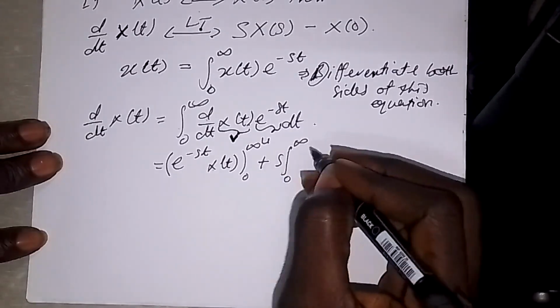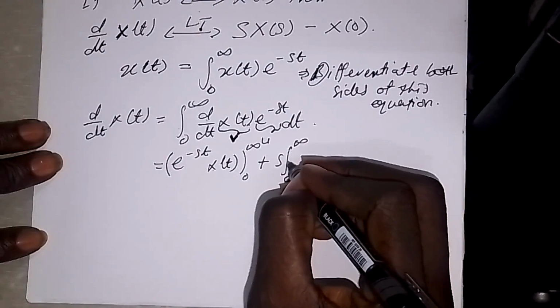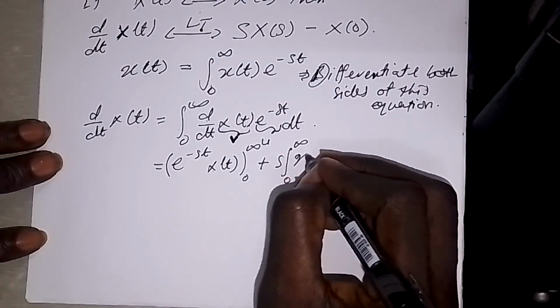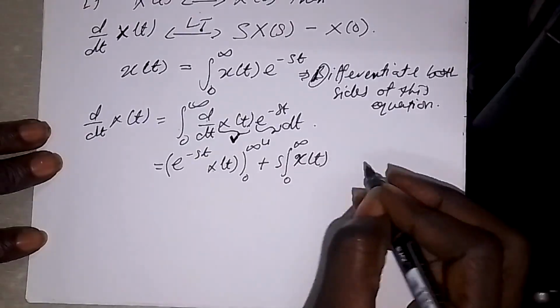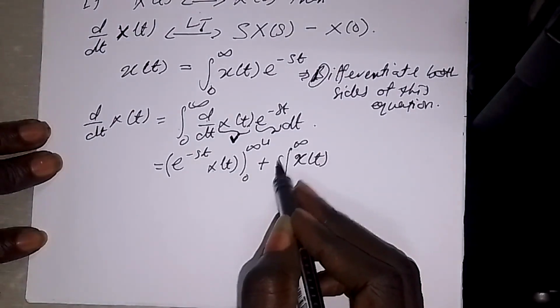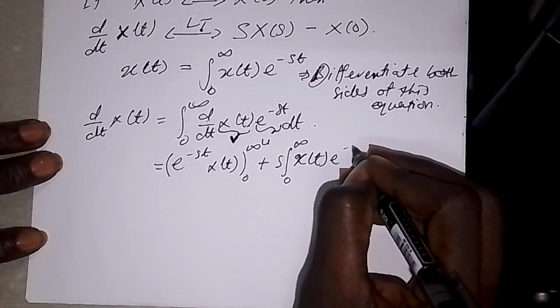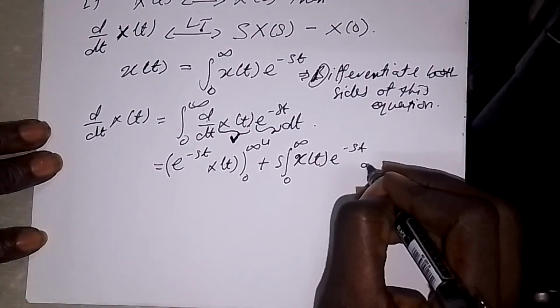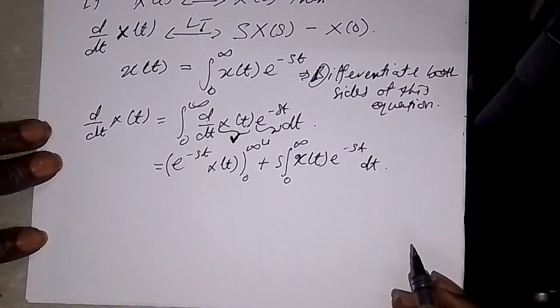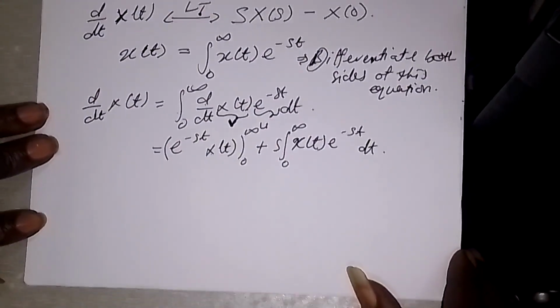After the first integration I get x of t, and this is the second integration. So that one is x of t. And here, if you differentiate this guy, you get s e to the minus st dt. So this is what you're going to get over here.